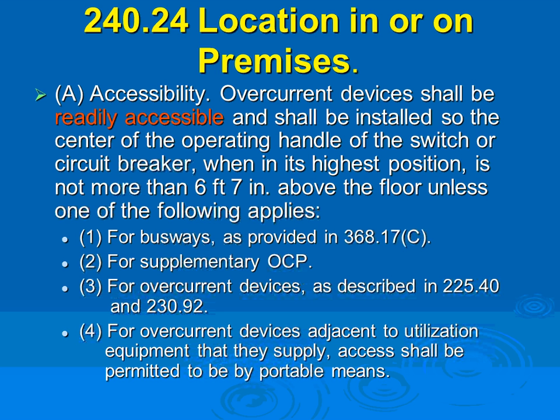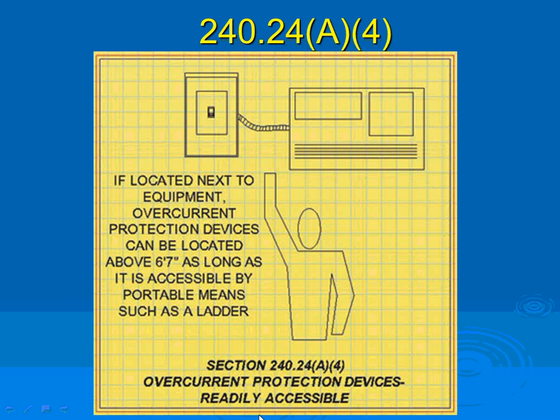Like for the busways, you can have it higher than that as long as you have a handle that you can grab and turn it on and off with, a stick or something. Supplemental overcurrent device, if you have a fuse or circuit breaker, a supplemental inline fuse, doesn't have to be readily accessible. So these are a few exceptions for the readily accessible location.